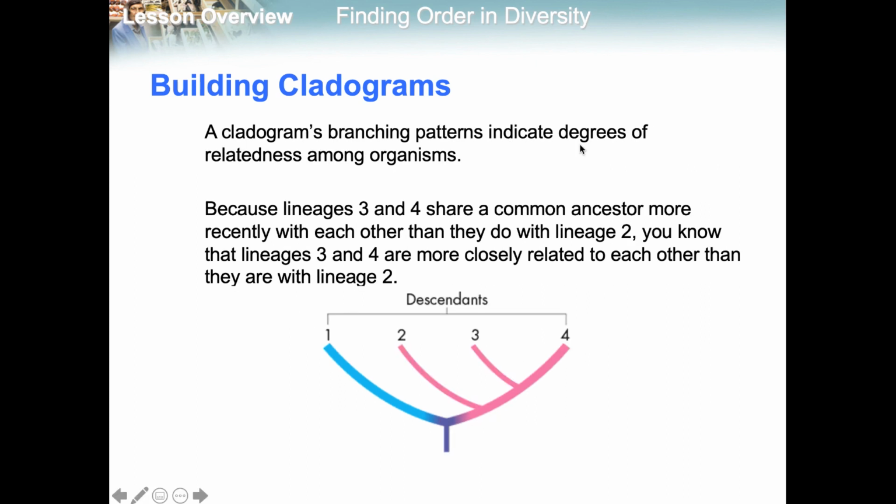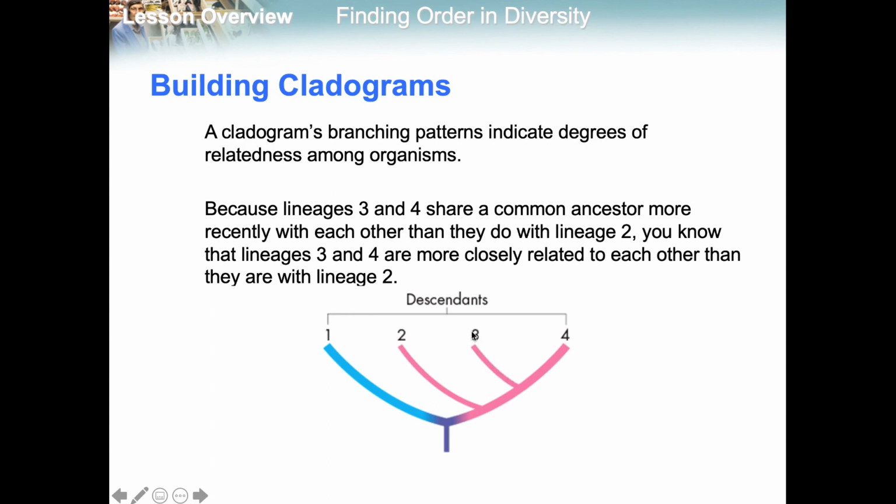Here, a cladogram's branching indicates the degrees of relatedness. So you have the common ancestor, and because lines 3 and 4 share a common ancestor more recently with each other than with 2, you know that 3 and 4 are more closely related. They share this branch right here. This is a big branch, one of the limbs of the tree, and this is a branch off that limb.